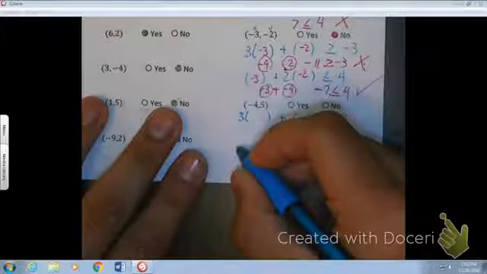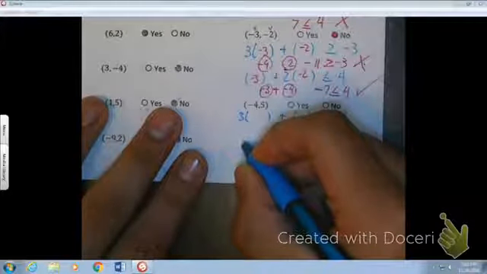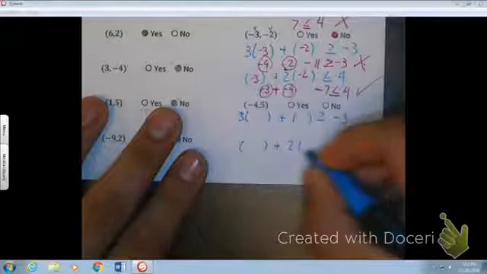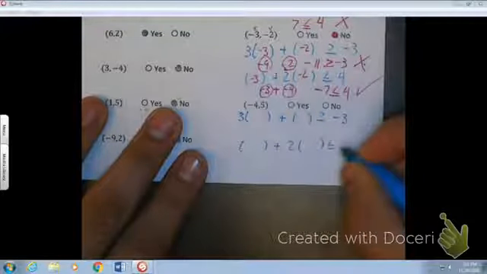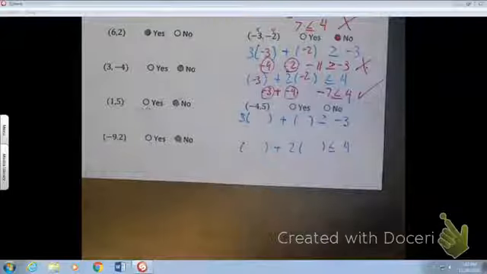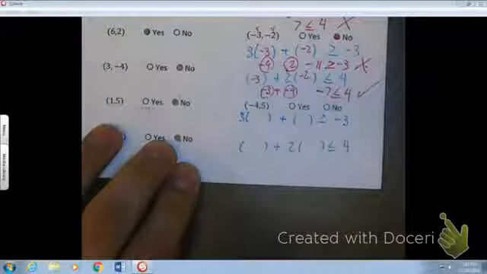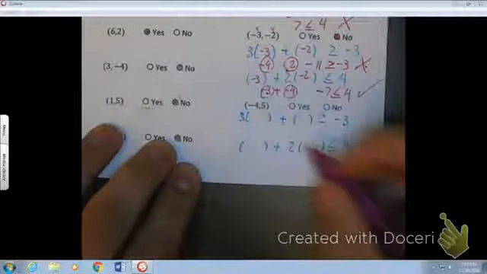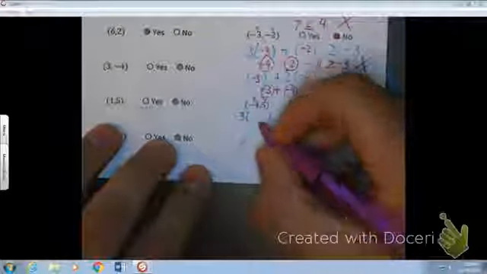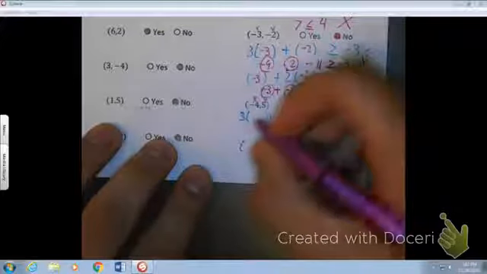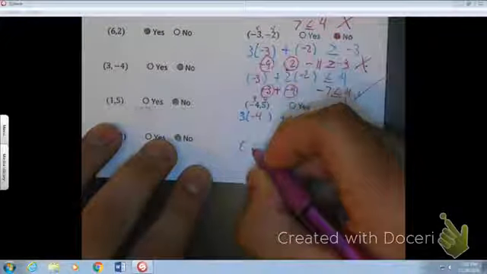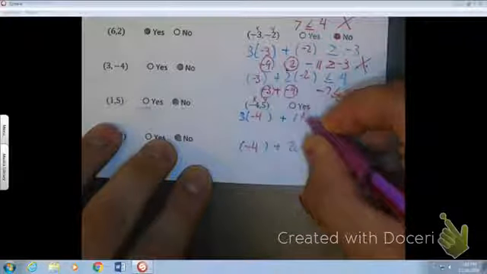And then I have x plus 2 times y is less than or equal to 4. So in here, this is an x and this is a y. This is going to be negative 4, negative 4, and 5, and 5.